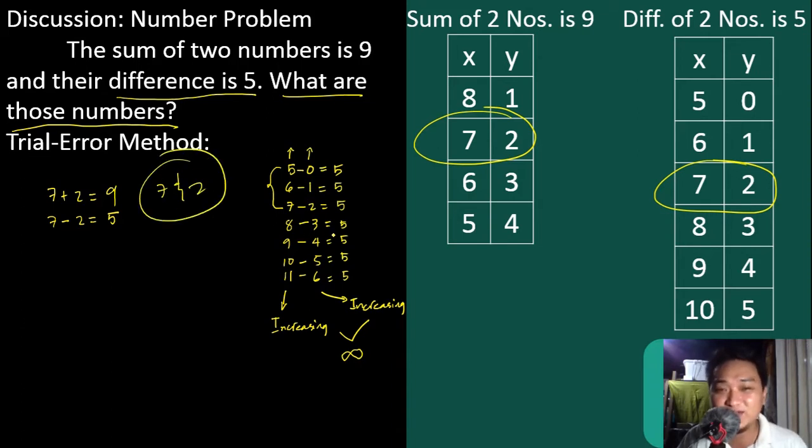Ayan. Yan yung sagot. Ngayon, paano nakatulong yung system of linear equation? In this situation, we want to clarify to our viewers na yung 7, 2 dito is the solution of these two systems.